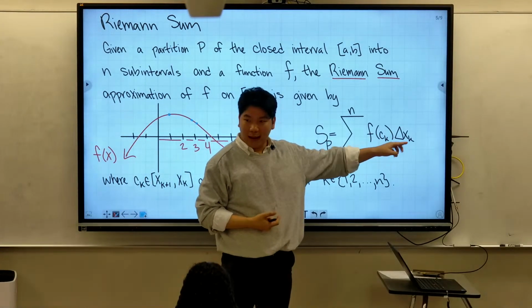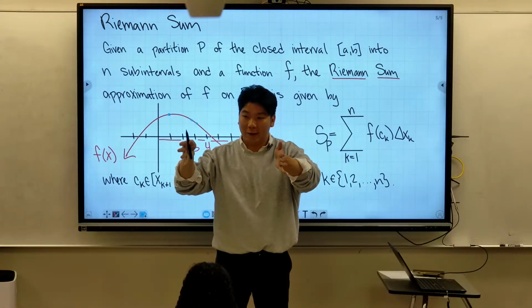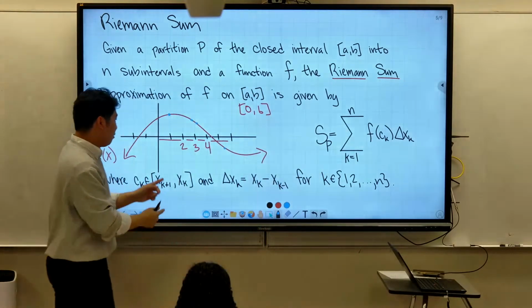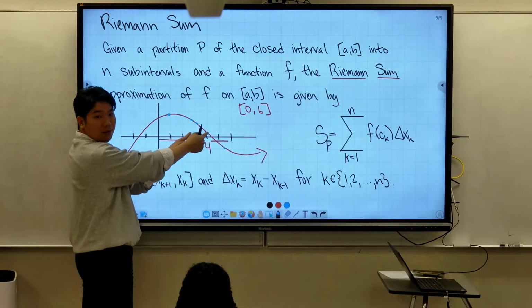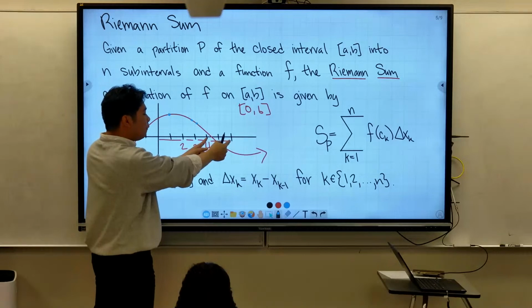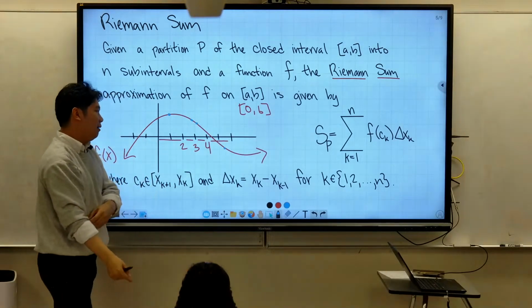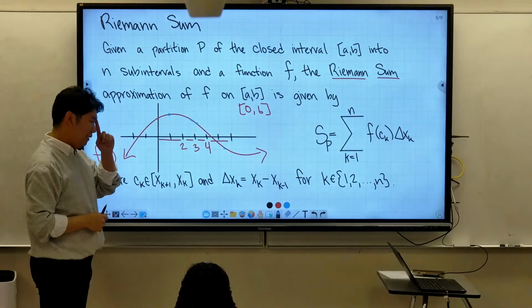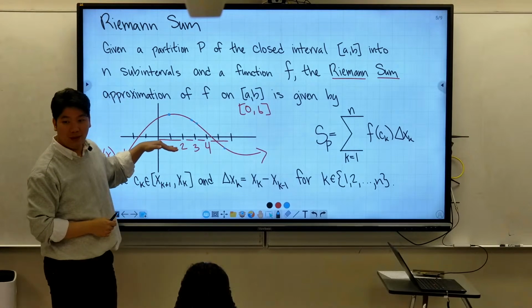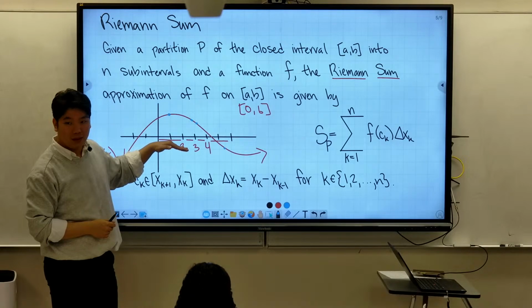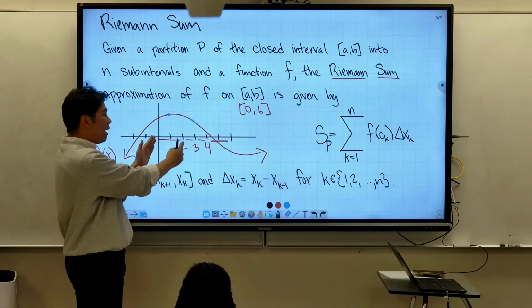The delta xk is how wide are my intervals. So this might be my first delta x. This is my second delta x. This is my third one. This is my fourth one. So looking at this, would you agree that delta x is a width, left to right? Because delta x is how wide is this interval.